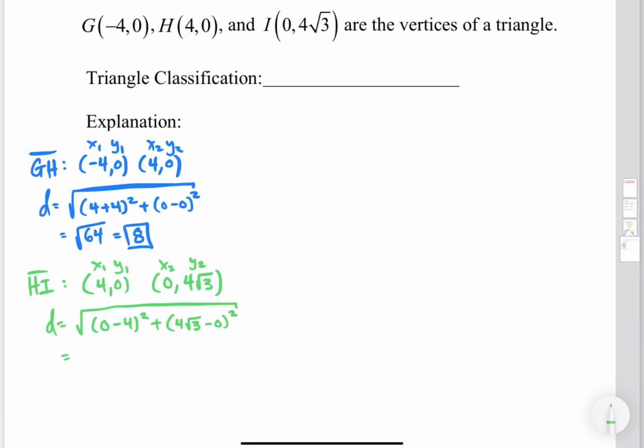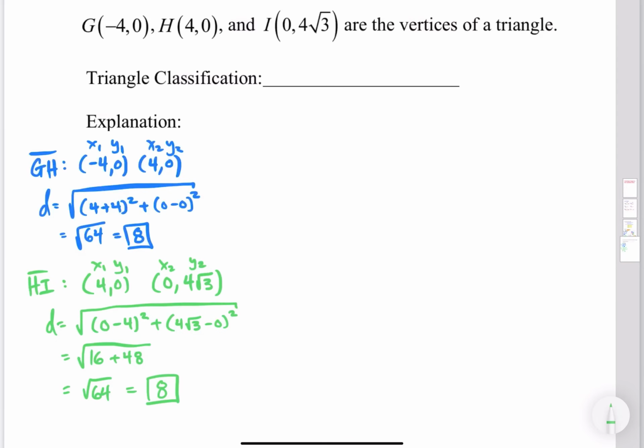Well, 0 minus 4 is -4, and squaring that gives us 16. And 4 root 3 minus 0 is just 4 root 3, and you square that, and that gives us 48. And we still have the square root sign. Well, 16 plus 48 is equal to 64. So now we've got the square root of 64, and that's also equal to 8. So we know it's at least an isosceles triangle.